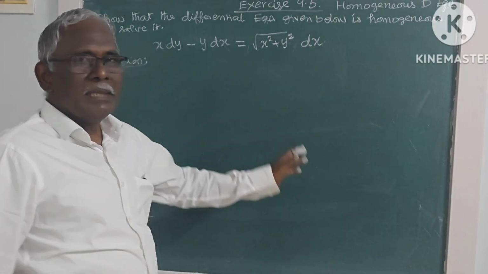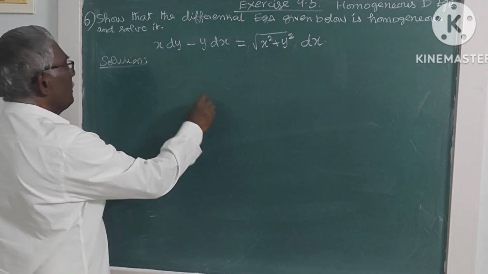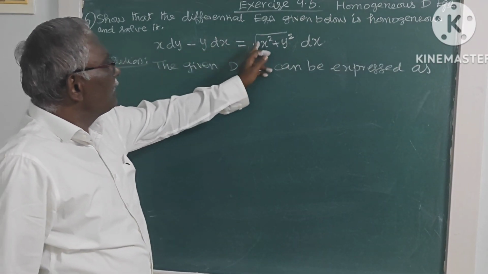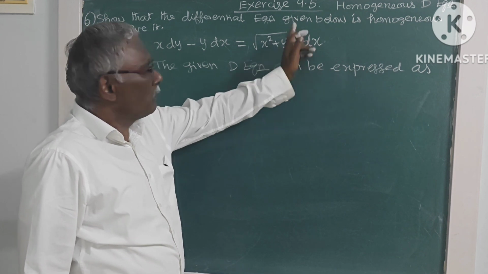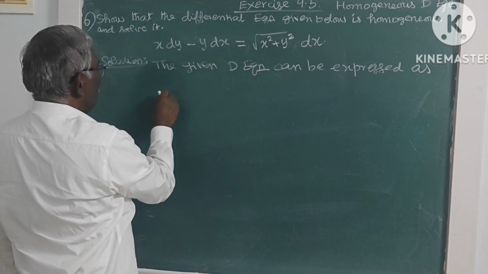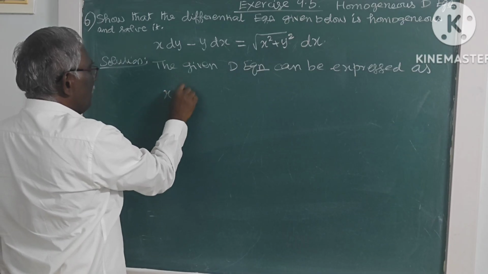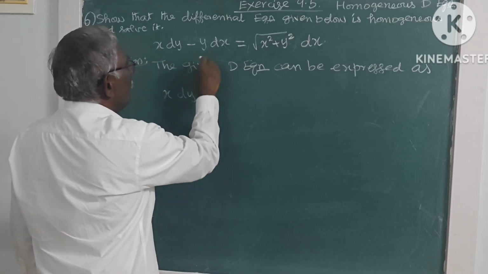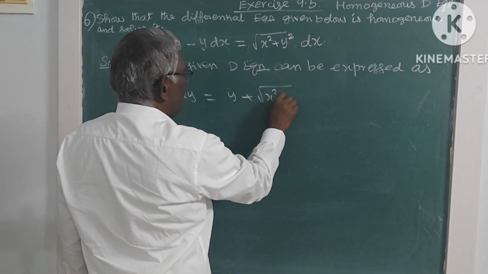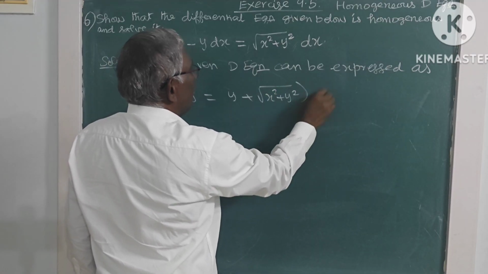Here the given differential equation can be expressed in this form. x dy minus y dx is equal to square root of x square plus y square dx. We will take this term to the right hand side. x dy is equal to y plus square root of x square plus y square dx.